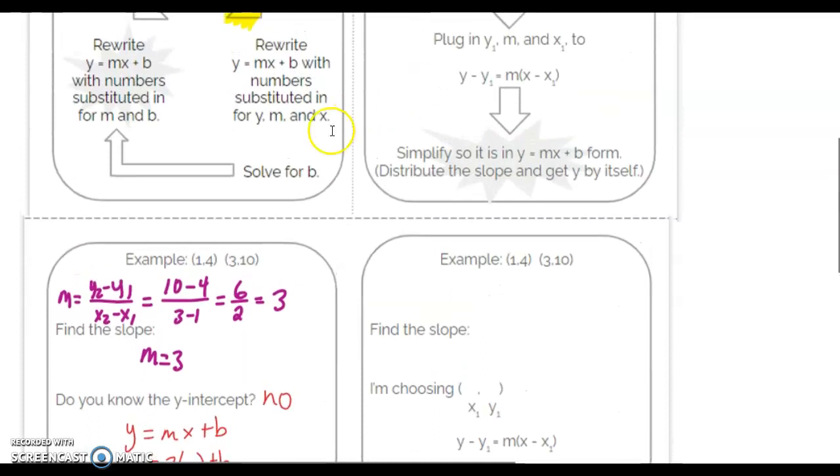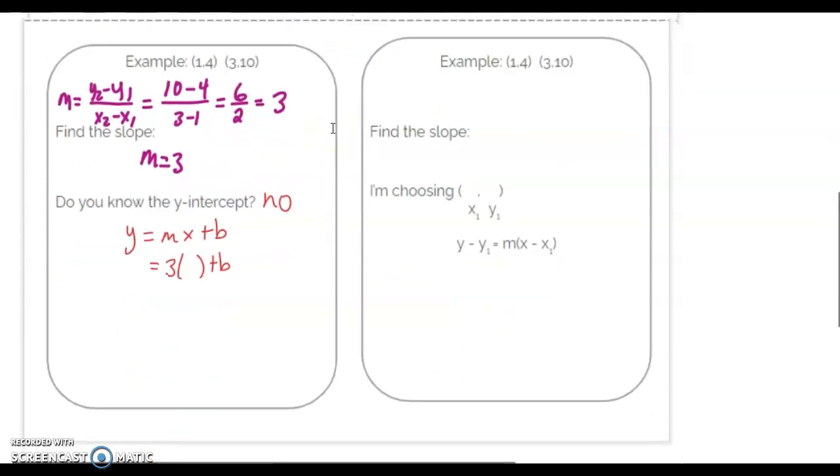It did not say substitute in for b, so we don't know b. Now, what we put in for y and x, just choose a point. I'm going to choose the first point and use (1, 4). 1 is x, so put a 1 where x is, 4 is y. Okay, so now you have 4 equals 3 times 1 is 3 plus b. And so when you have 3 plus b, you're going to then subtract the 3 to get b by itself, and you get b equals 1.